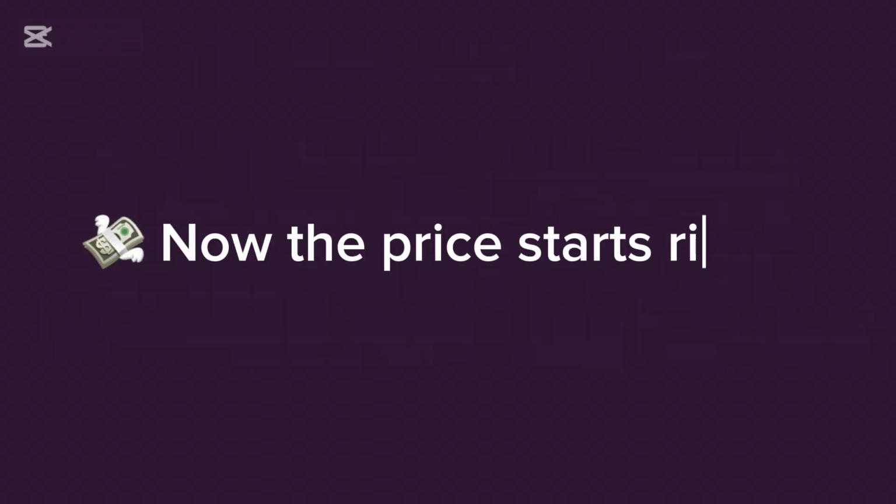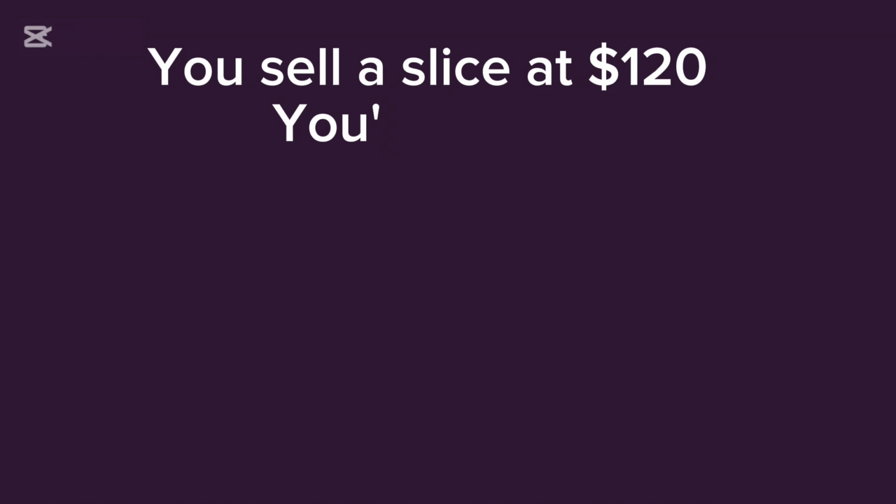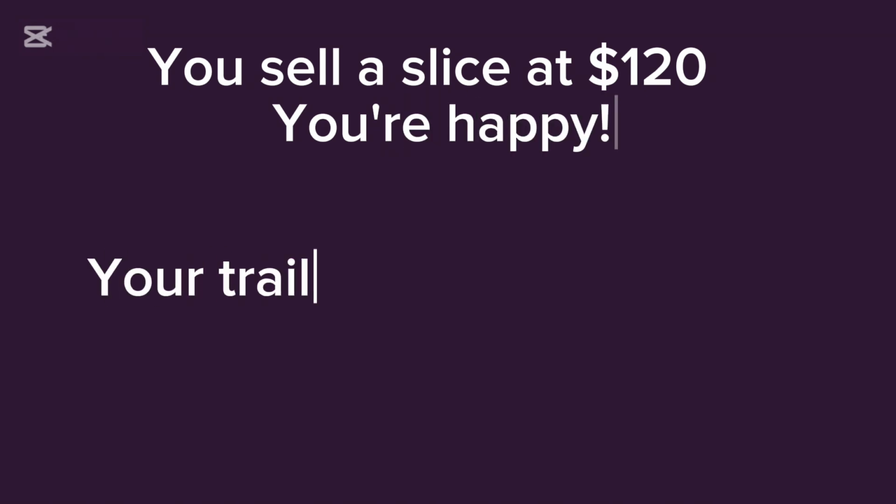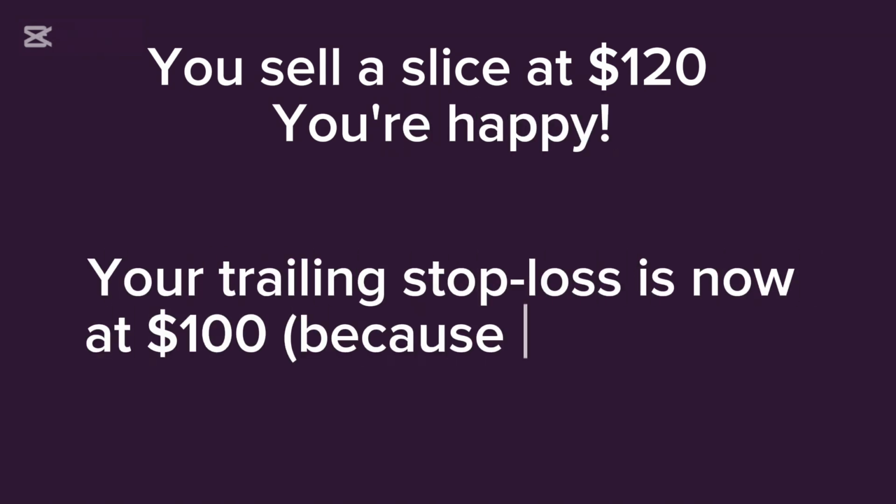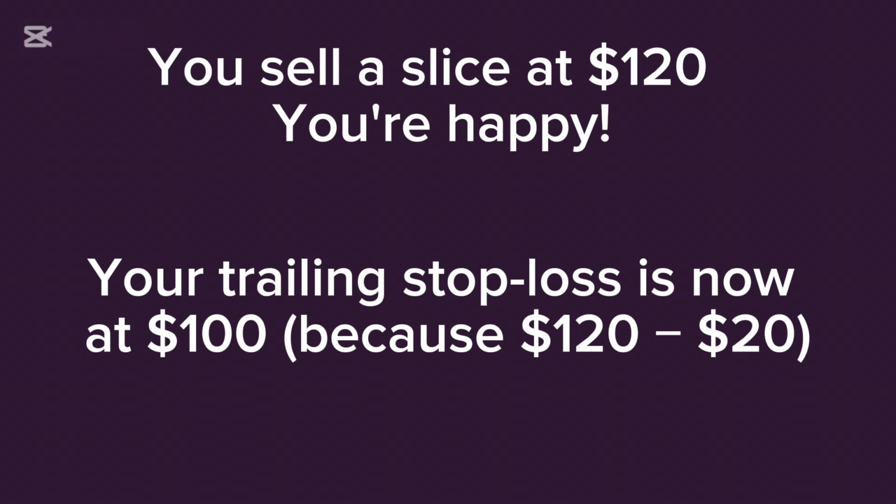Now, let's assume the price starts rising. You sell a slice at $120. You are happy, right? Then the trailing stop loss is now at $100, because the price rose to $120, minus your trailing stop loss of $20, gives you $100.